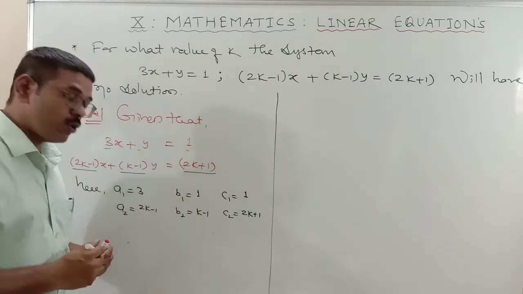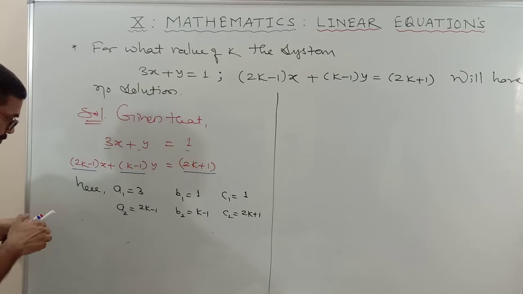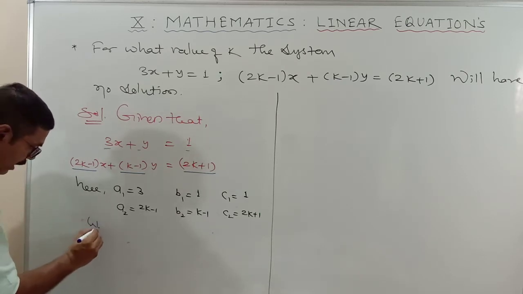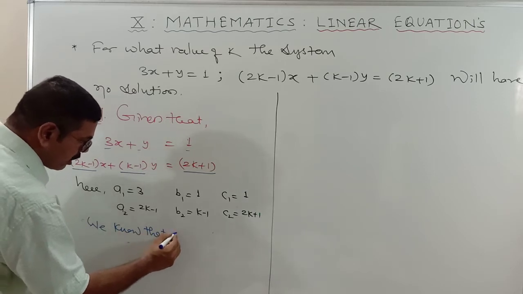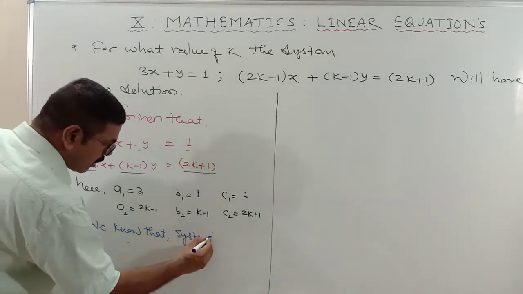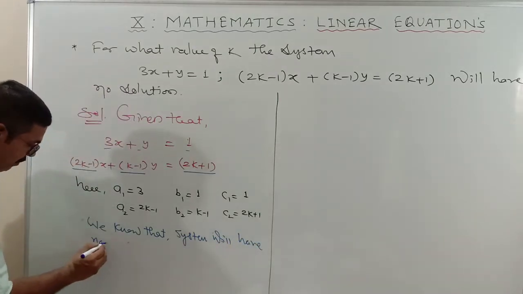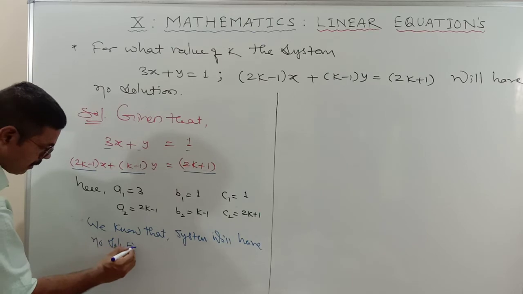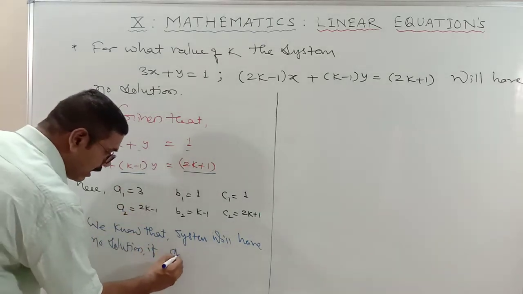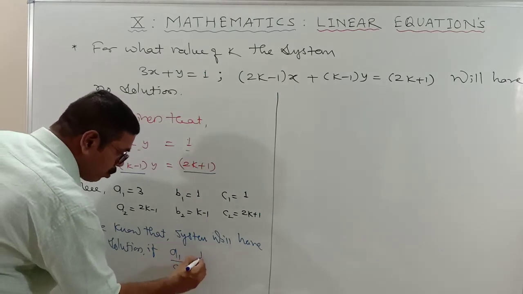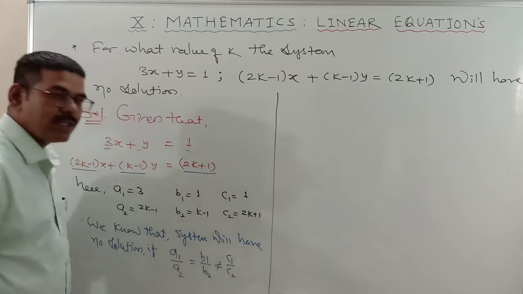Now we should write what we know. We know that the system will have no solution if a1 upon a2 is equal to b1 upon b2, but it will not be equal to c1 upon c2.